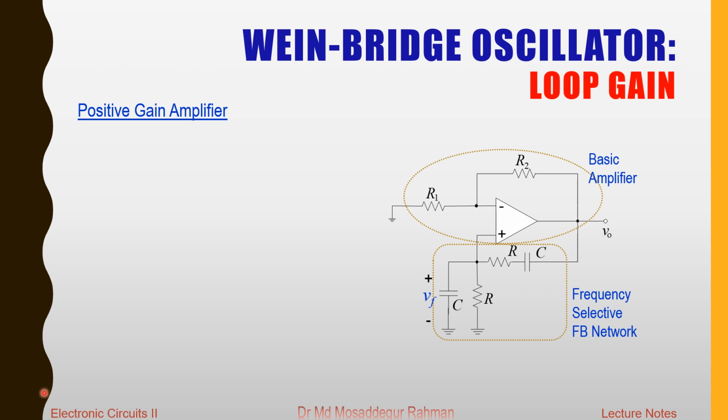The starting point for this is the loop gain. We know that for the circuit to work as an oscillator, it must satisfy the loop gain conditions, that the magnitude of the loop gain should be 1 and the phase angle should be 0.